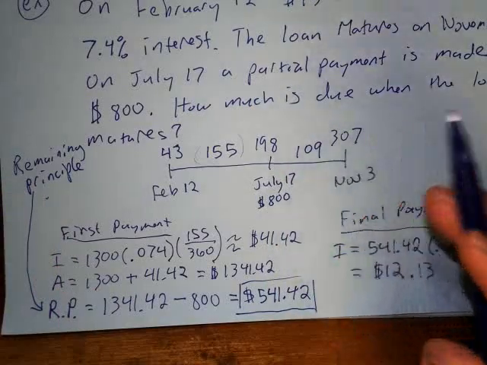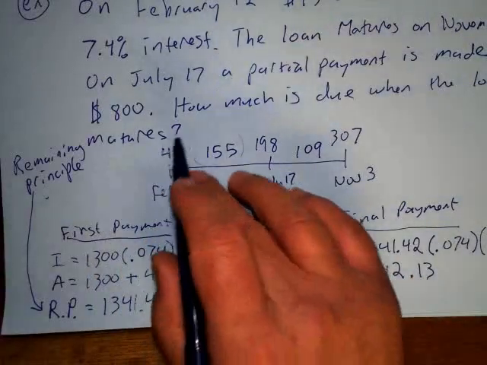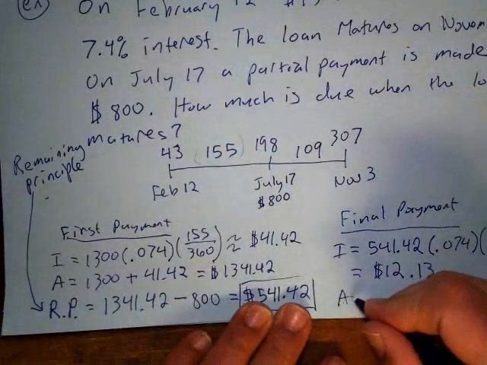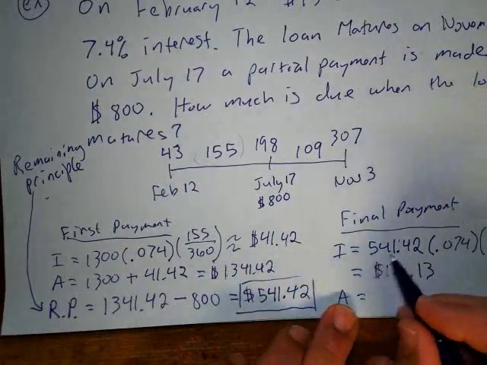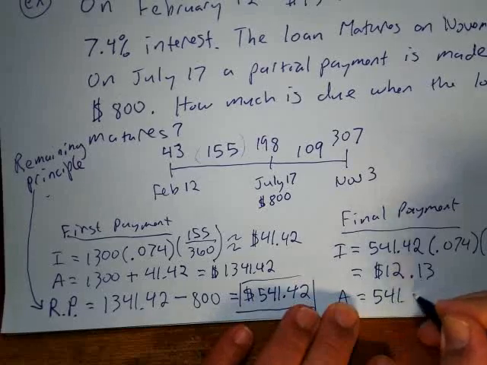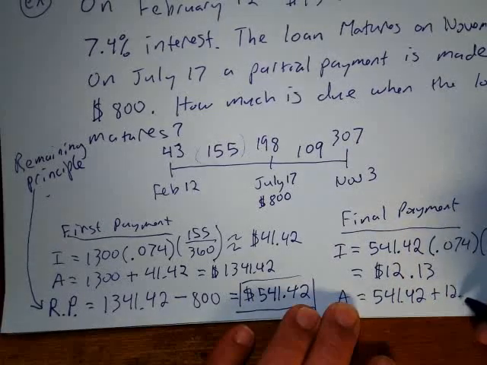And so the final answer is how much is due when the loan matures. So what I'm going to do is calculate the A now, but I'm going to use the remaining principal plus this new interest right here, $12.13.